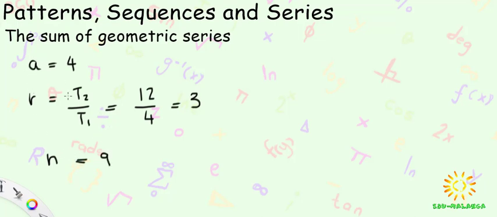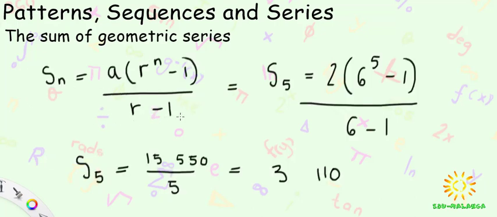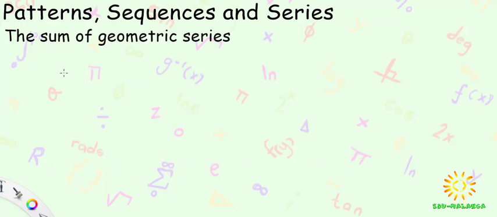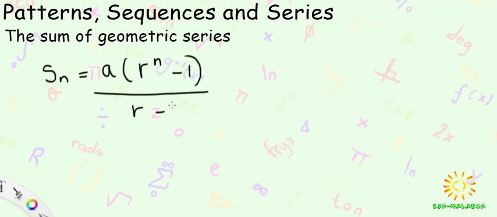We now have everything that we need to substitute into the formula, which would be this one again, and solve for 9 terms of the geometric series that we are given over here. Let's get started doing that. We'll rewrite the formula. We have Sn is equal to a times open brackets r to the power of n minus 1 close brackets divided by r minus 1.